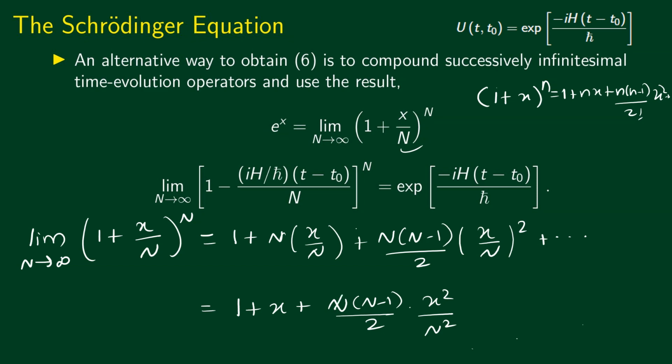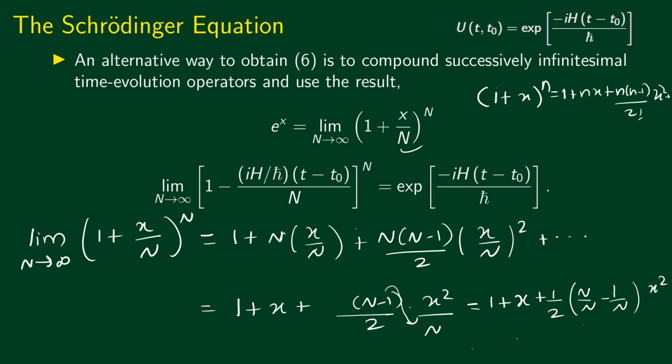Now one of the n will get cancelled, so you can write this as 1 plus x plus n minus 1 divided by 2 multiplied by x square divided by n. Now you can rearrange this a little bit. You can write this as 1 plus x plus 1 by 2, and this term can be written as n by n minus 1 by n, and we also have the x square here.